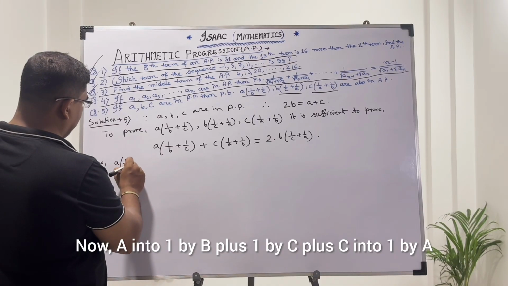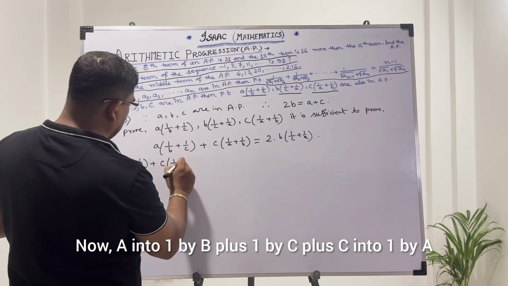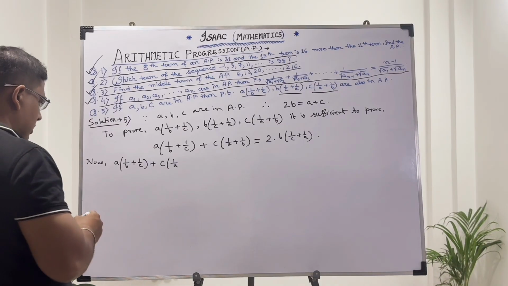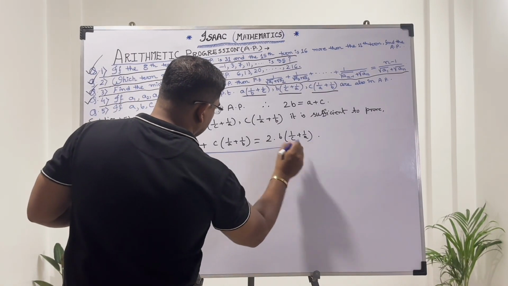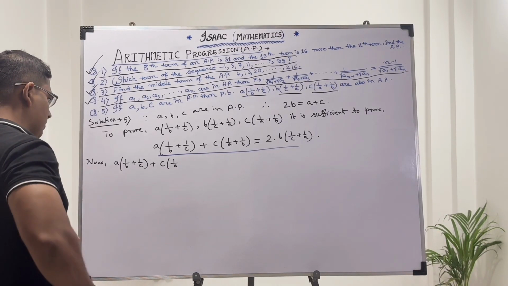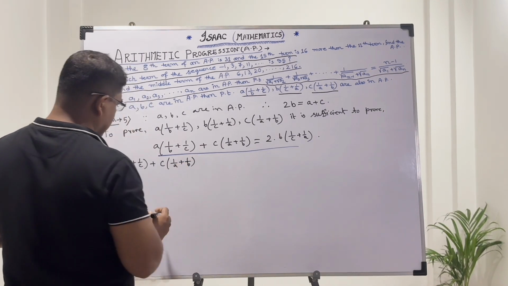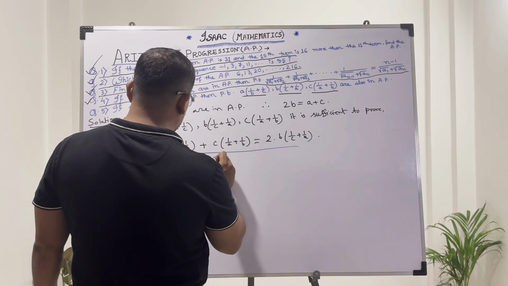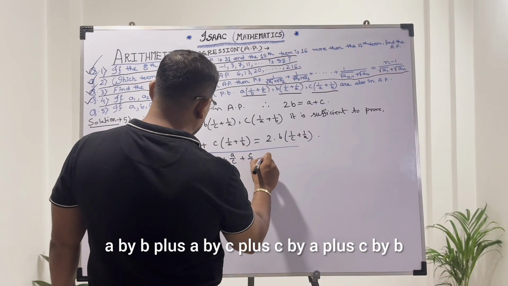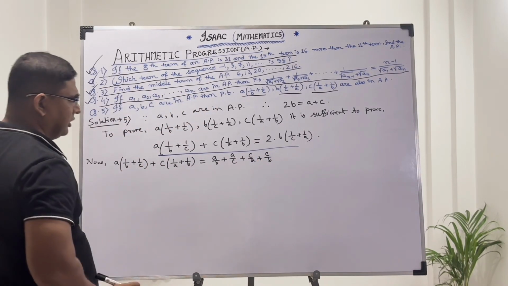Now A into 1 by B plus 1 by C plus C into 1 by A plus 1 by B equals A by B plus A by C plus C by A plus C by B. So we multiply these terms.